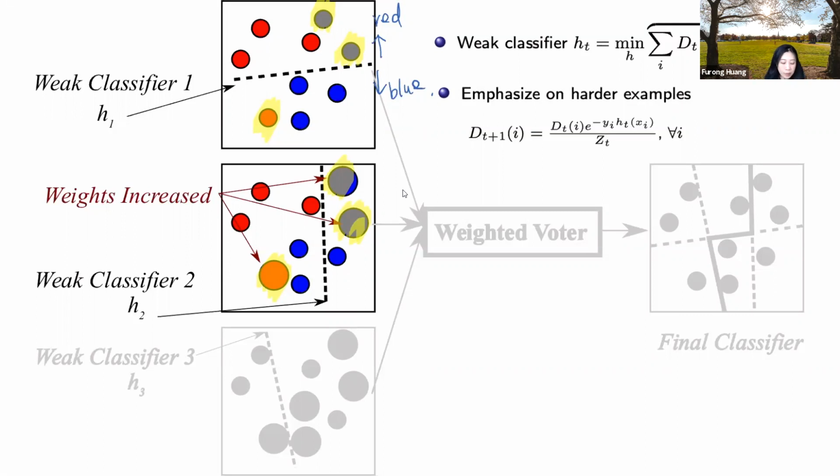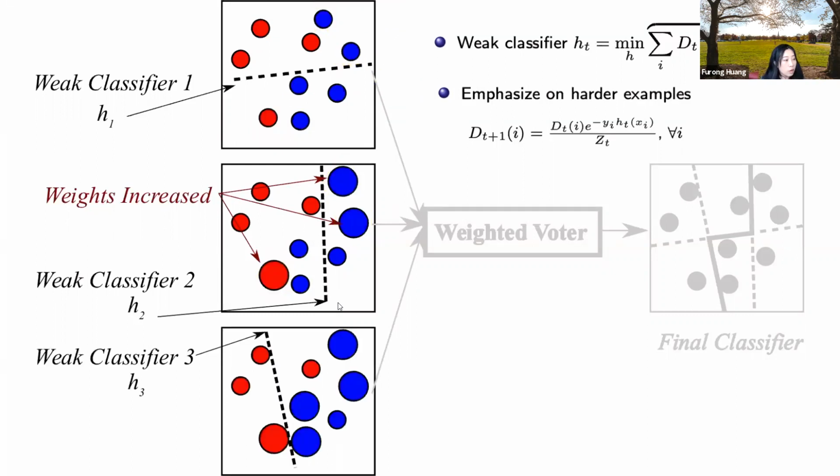If you ask the base classifier to do that, then it is going to generate a new line here for you. This is the weak classifier you learned using these weighted examples. So you get this line. Similarly, for this line, you are also making a mistake.